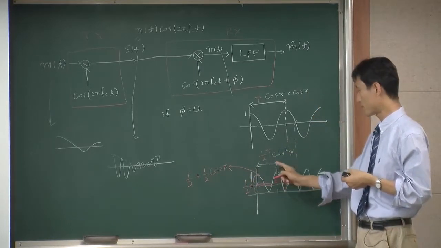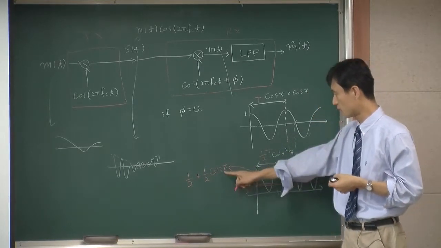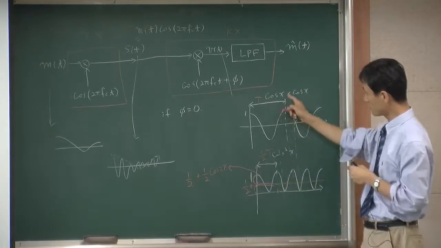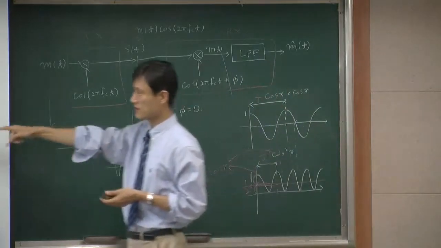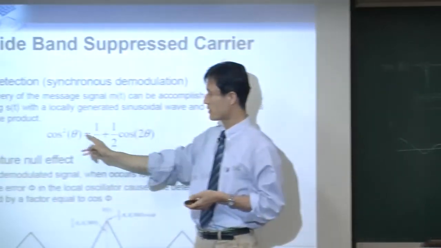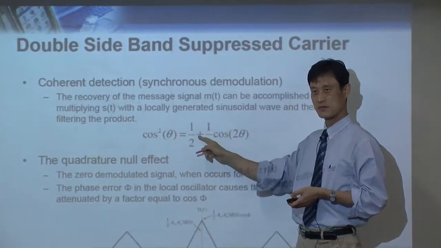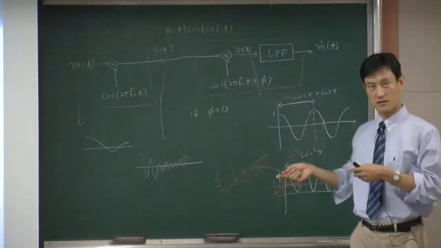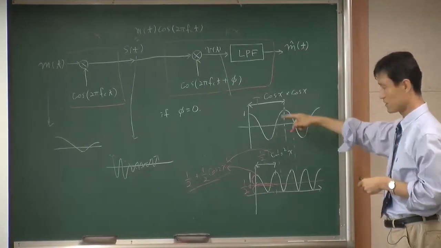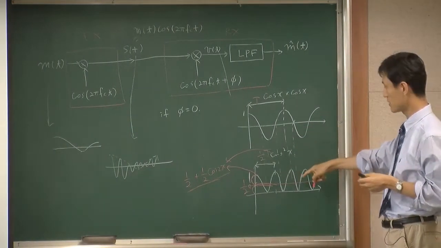And the frequency is doubled, so it's cosine 2x. In fact, cosine square is the same as this, in mathematics. Cosine squared x is 1/2 plus 1/2 cosine 2x. And you can see that in mathematics and in the graph. So this is what happened, right?